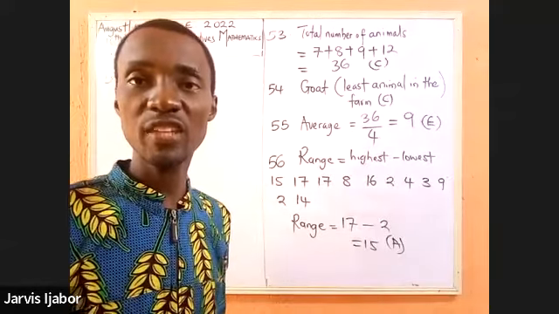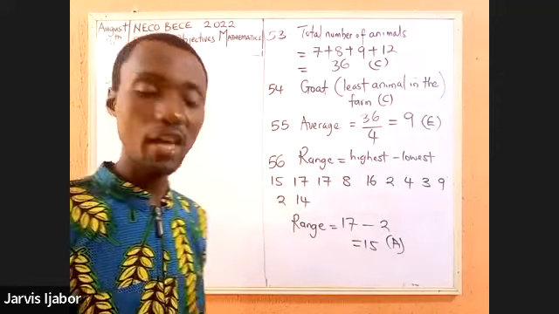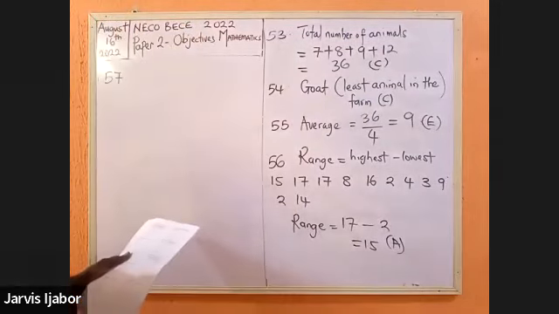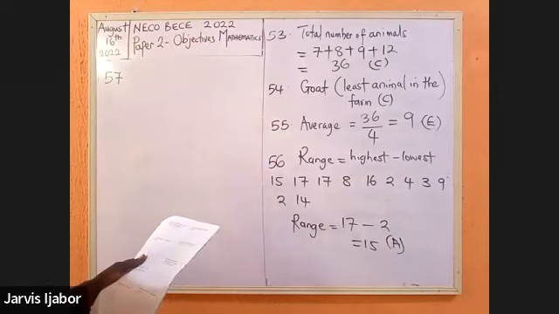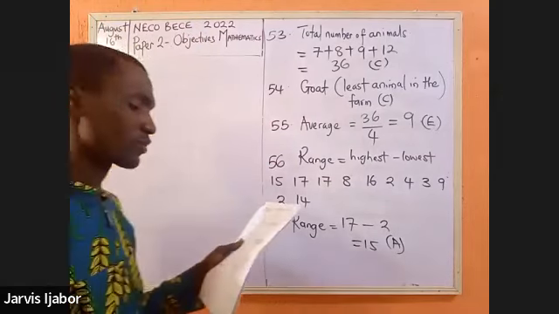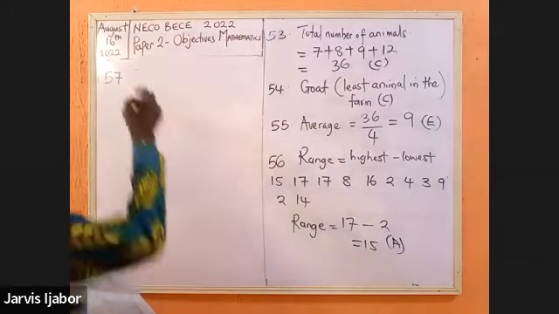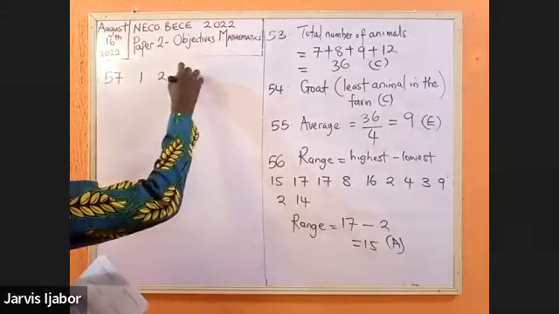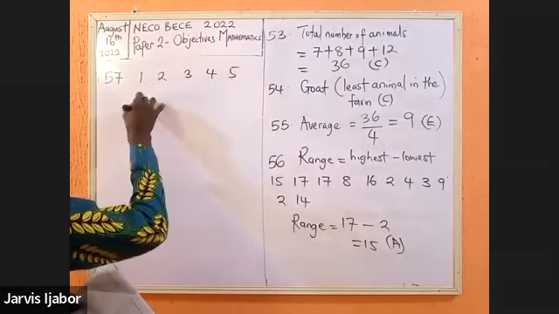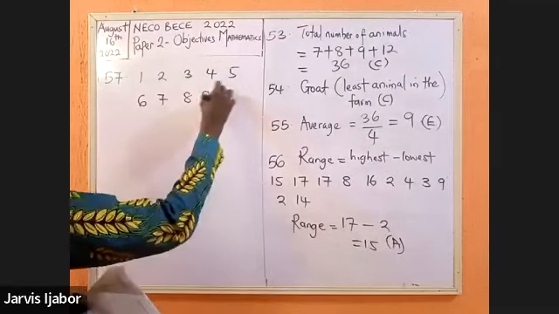Okay, question 57. Question 57 says, what is the probability that an integer chosen at random between 1 and 10 inclusive is a prime? So I have 1, 2, 3, 4, 5, 6, 7, 8, 9, 10.